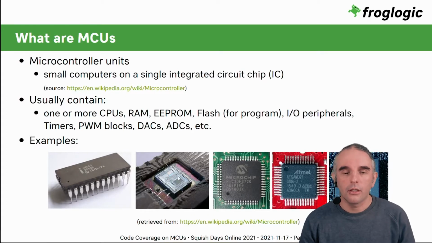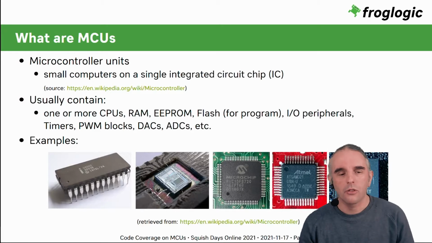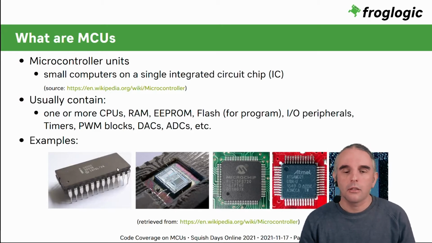So everything inside of bigger computers, like RAM, memory for program like flash, and some other components, they are all packaged on one single silicon die, and then that silicon die is packaged into cases like this, or maybe cases like this on the right side, which is a more modern approach to MCUs. So the main difference is that everything is inside of one of these little silicon chips.